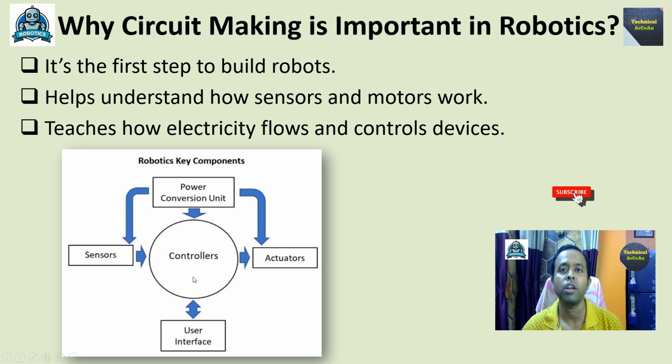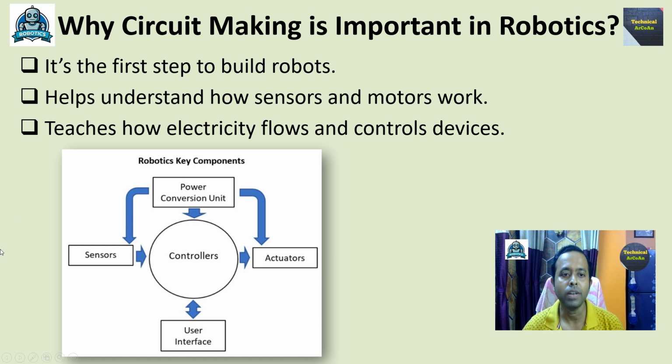Controllers, this is the brain of the robot, this is the central unit. Controllers take decisions, right? Sensors are the eyes, nose and ears of the robot. They are used for gathering information from the environment, right? And actuators are the muscles of the robot, used to move or perform actions physically, right?